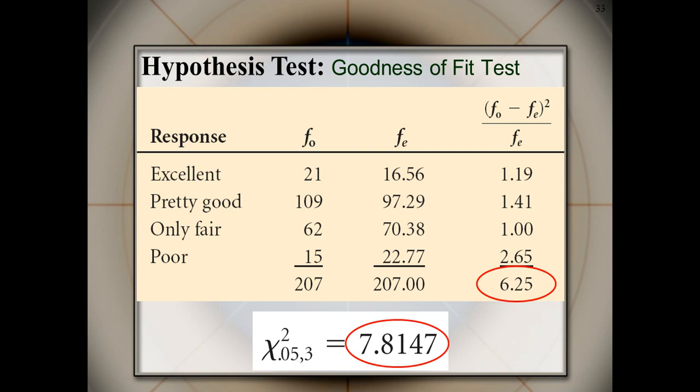The chi-square value from the table will be 7.8147. We observe that the computed value is less than the critical value. Hence, we will not reject the null hypothesis and will say yes, the data collected by the store manager do follow the probabilities given by the national survey.